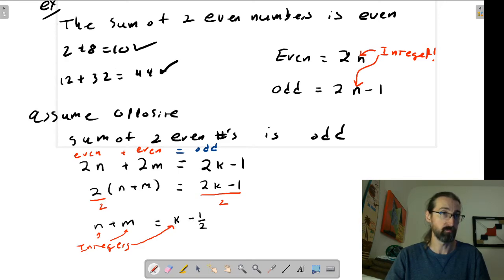And this is a problem, because some number minus 1/2 is not an integer, right? It's 1/2. So I'm going to say that some integer is equal to something that's not an integer, and that is not possible.